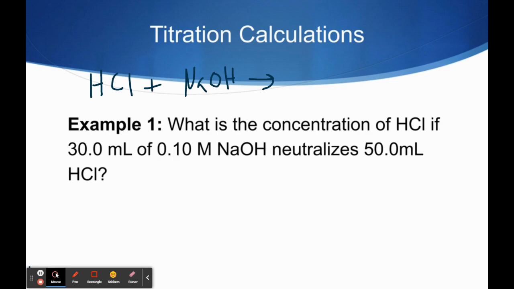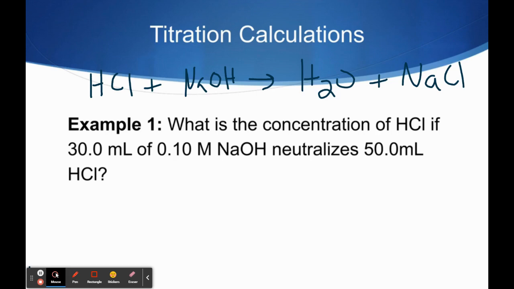So we need to predict the products of the reaction, which will be water plus NaCl. Na is +1, Cl is -1, so that is a neutral formula. And because they are +1 and -1, this equation is already balanced.